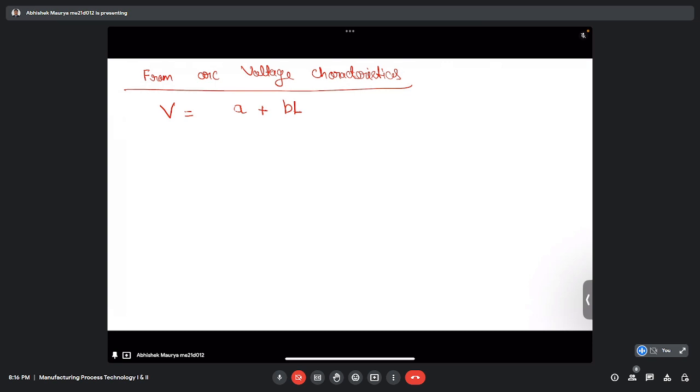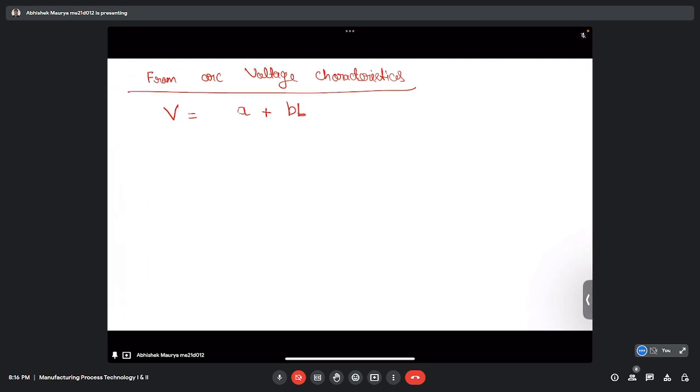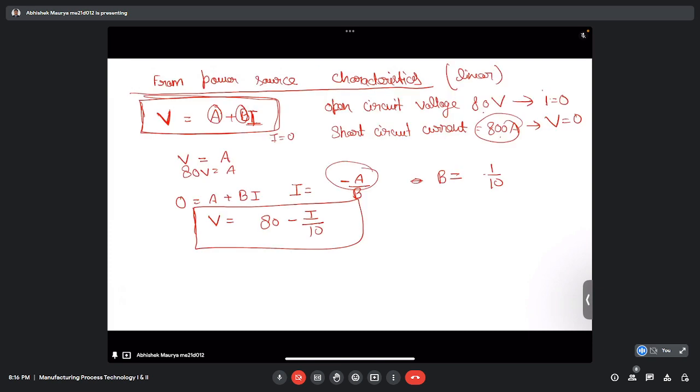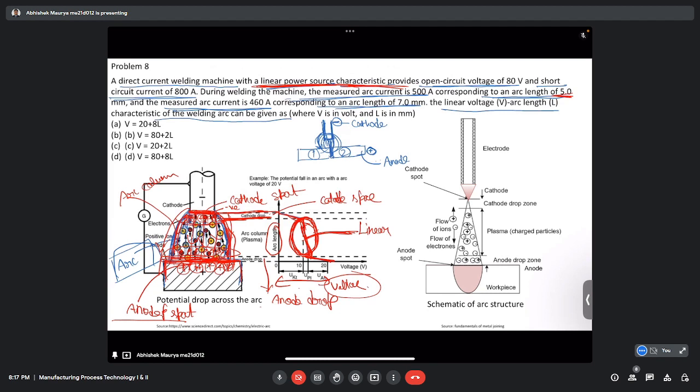Now what else have we been given? We have been given the information regarding the arc. When the arc length was 5 millimeter, at that time the current of the arc was 500 amperes. And when we increase the length of arc to 7 millimeter, its current value decreases to 460 amperes.